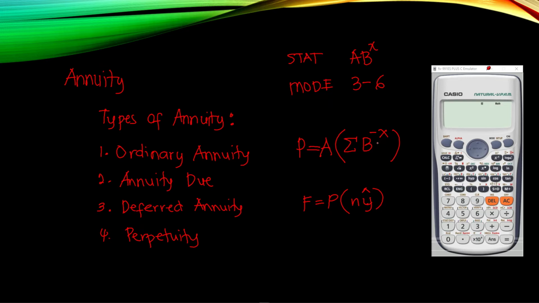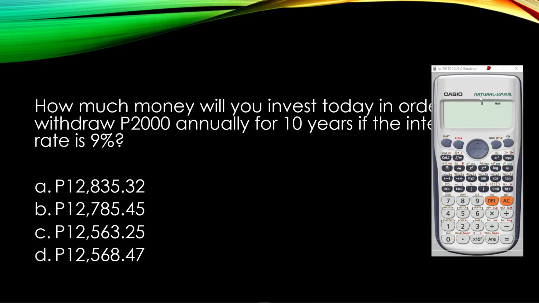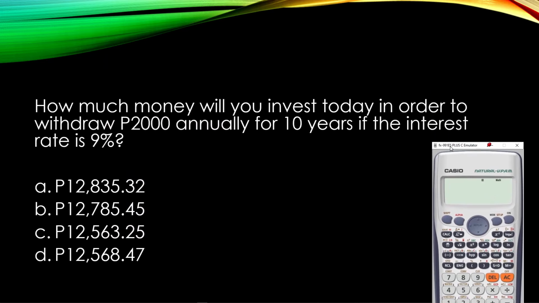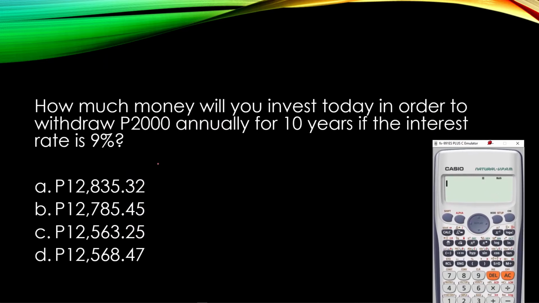Okay? So, let's try an example. How much money will you invest today in order to withdraw 2,000 pesos annually for 10 years if the interest rate is 9%? Okay. So let's check muna as to what type of annuity is this one.